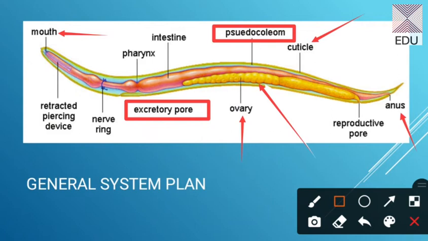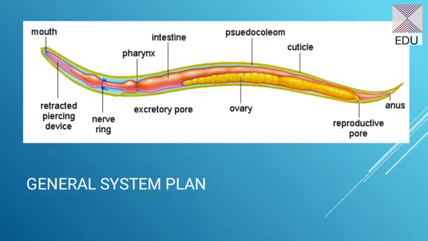Pseudo refers to a false coelom. The pseudocoelom contains a fluid which circulates around every organ of the Ascaris, so it is called the pseudocoelomic fluid. Students, that is the general body plan of the Ascaris. In the coming slides, we'll be taking up the systems of the Ascaris.